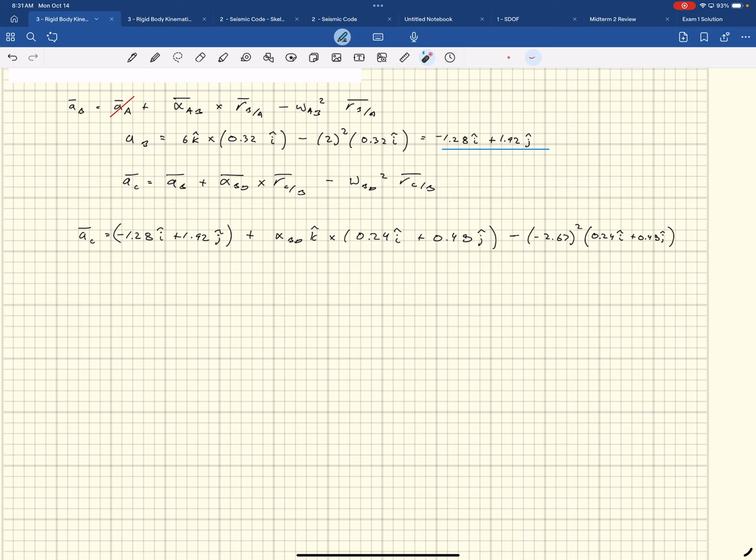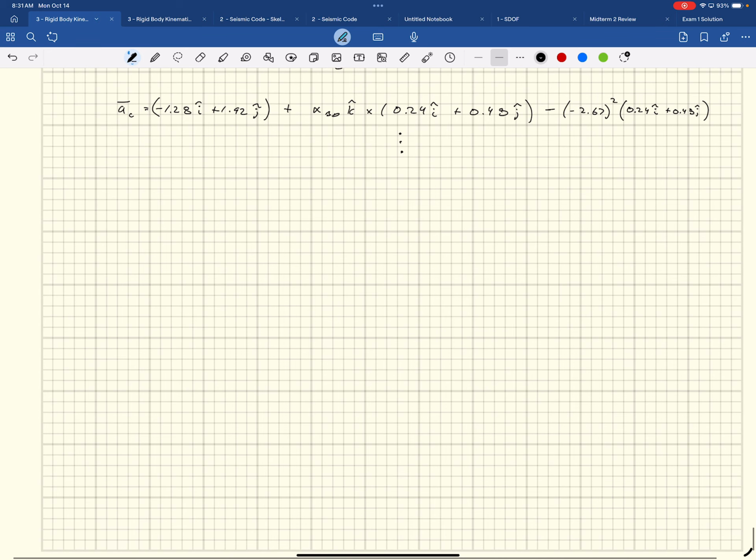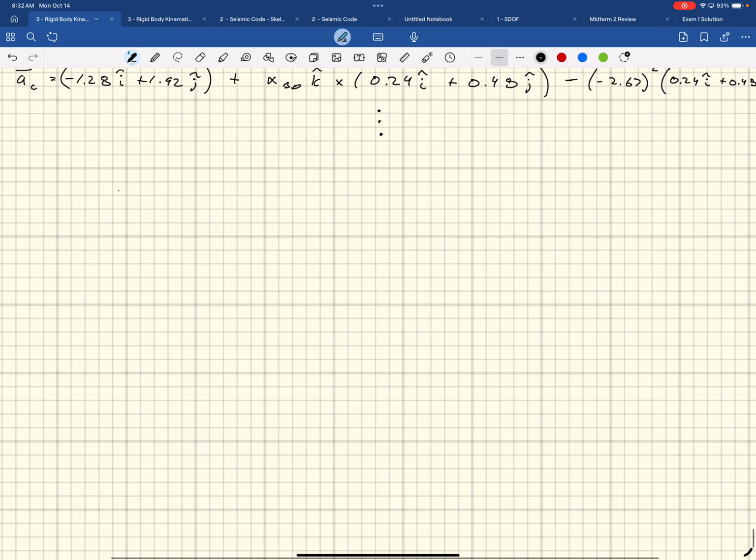In fact, all you need to answer this, it's only asking for alpha, so you only have to look in the Y direction.